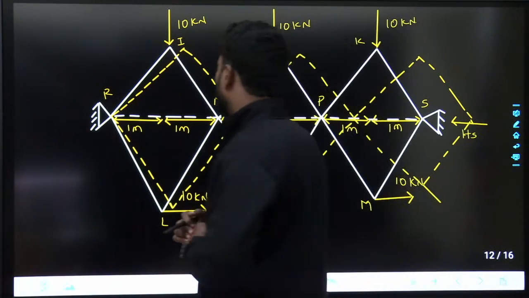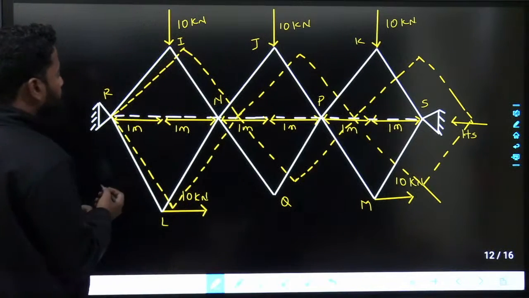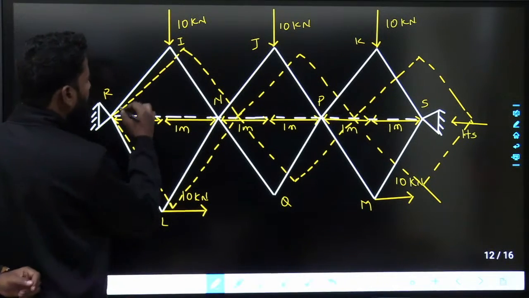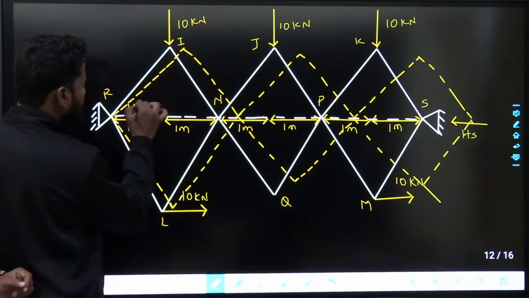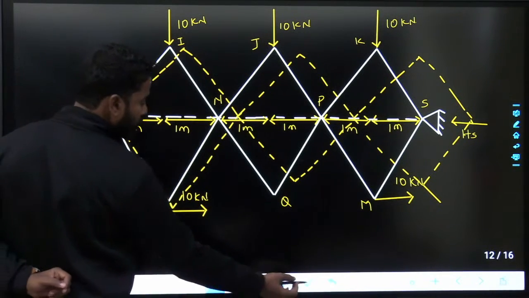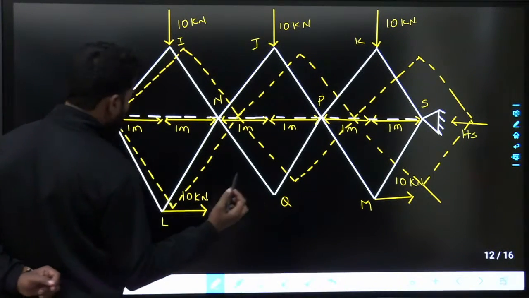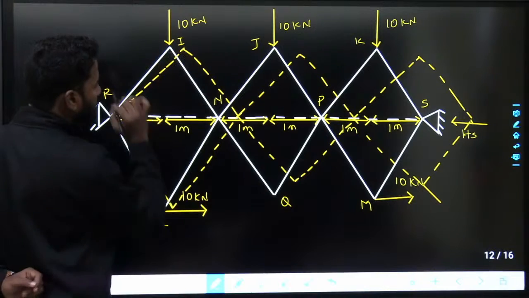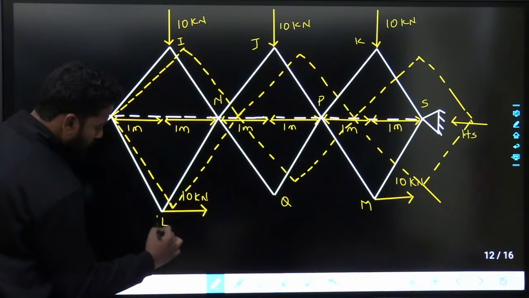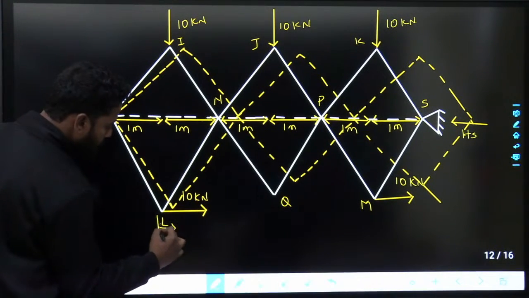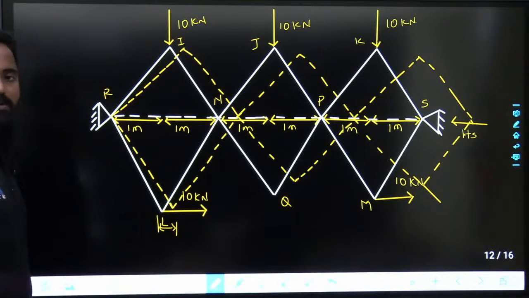Fine. Now if this is theta, or let us say whatever it is, then what would be the horizontal displacement?